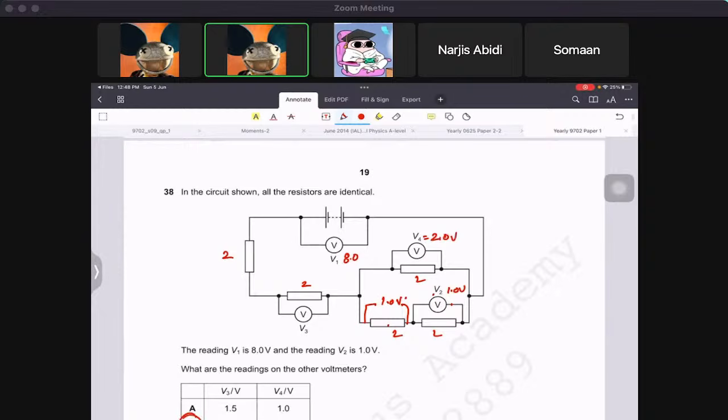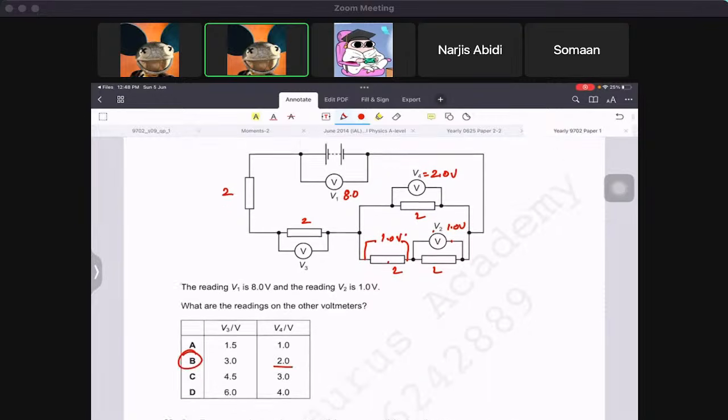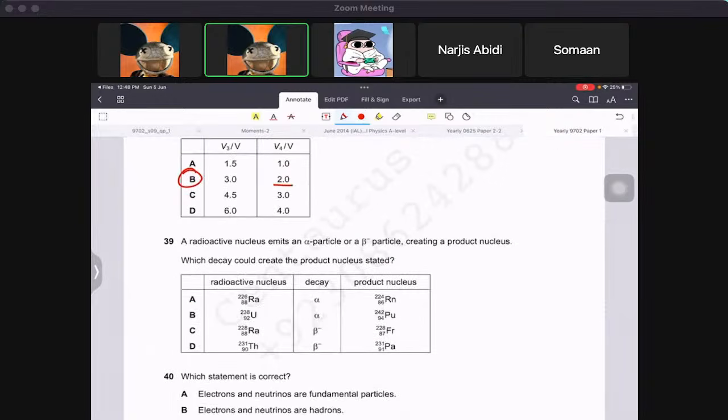Pretty easy then. Okay, a radioactive nucleus emits an alpha particle and a beta particle, creating a product nucleus. Which decay would create the product nucleus stated? 226 goes to 224. That's wrong, because there should be 4 and 2, so it doesn't conserve mass. 238, 240.